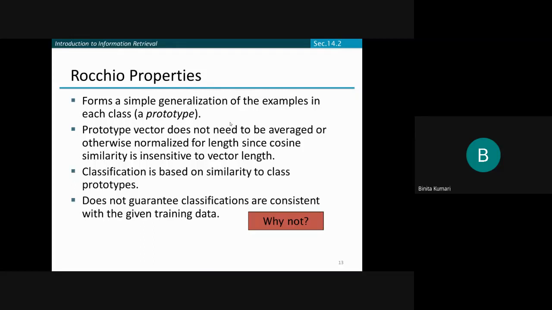Now, what are the properties of the Rocchio algorithm? This forms a simple generalization of the examples in each class. The prototype vector, that is, the centroid vector, does not need to be averaged or normalized for length, since cosine similarity is insensitive to vector length.